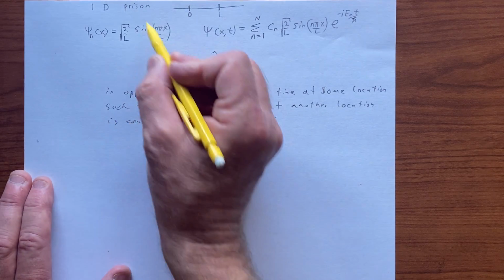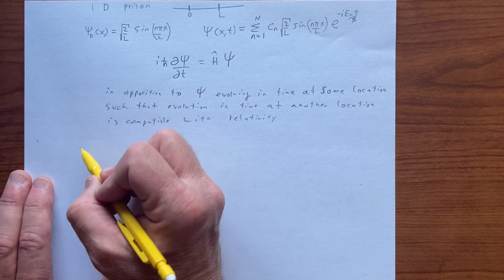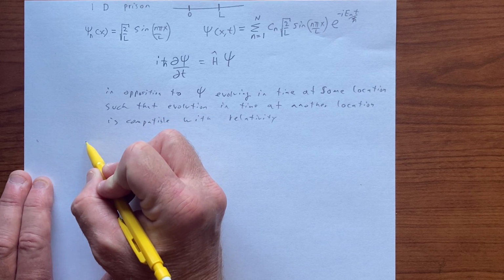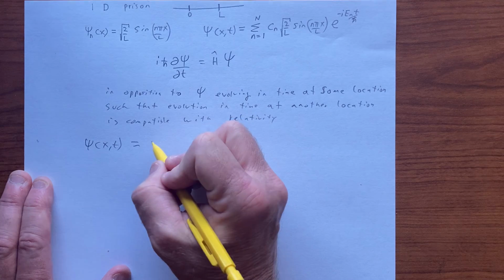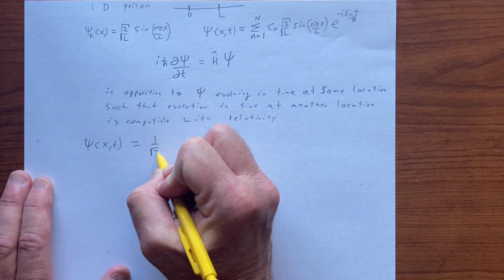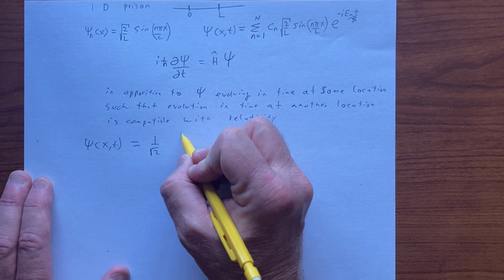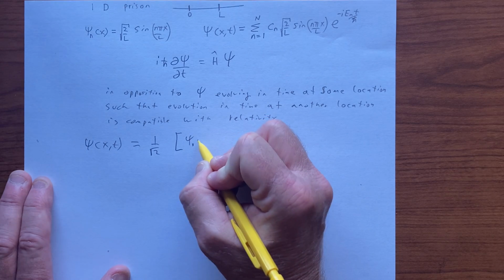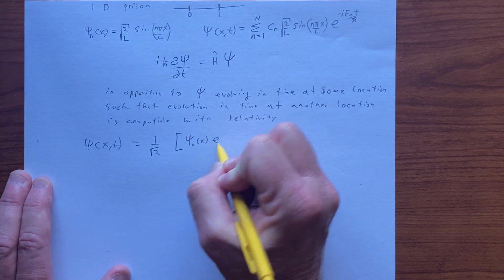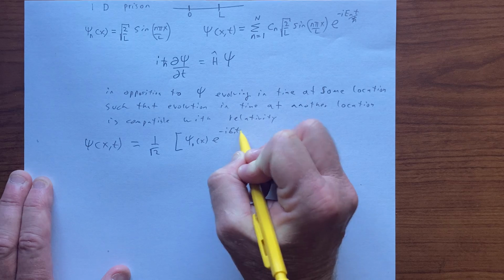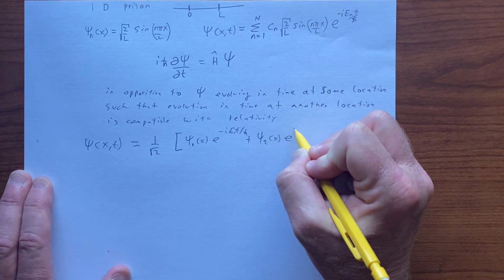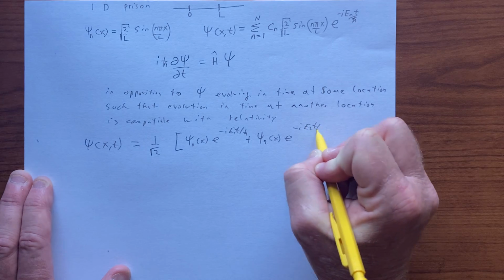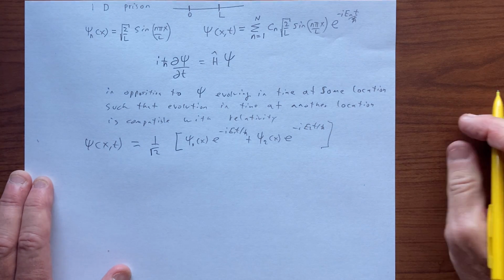So let's think about solutions of this kind of thing. In the quantum course, we looked specifically at a superposition that involved equal weights for the ground state, so psi 1 of x, e to the minus i E1 t over h bar, plus psi 2 of x, e to the minus i E2 t over h bar.